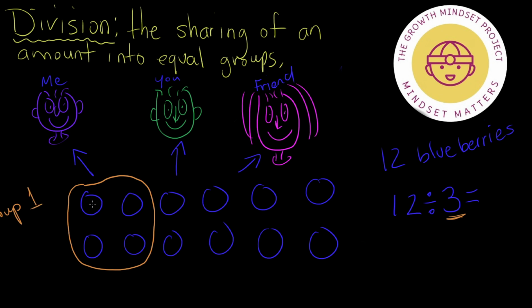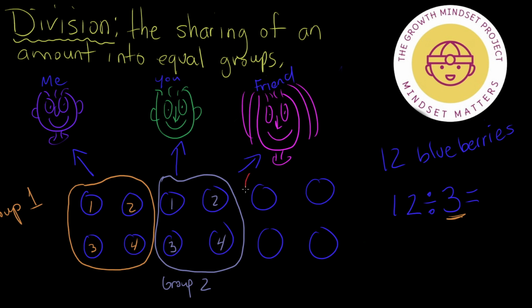And inside group 1, we have 1, 2, 3, 4 blueberries. Let's do this one right here. That's going to be group 2. And inside group 2, we have 1, 2, 3, 4 blueberries. And this is going to be group 3. And inside group 3, we have 1, 2, 3, 4 blueberries.